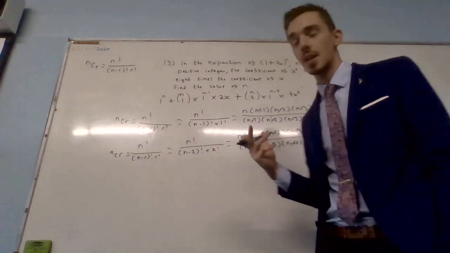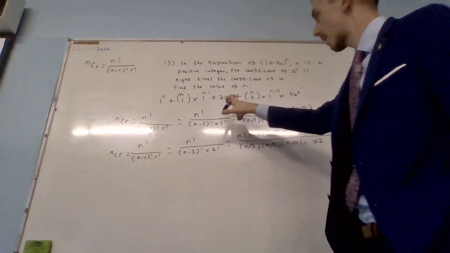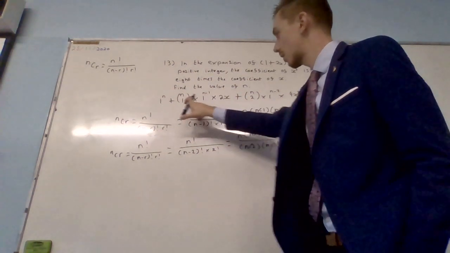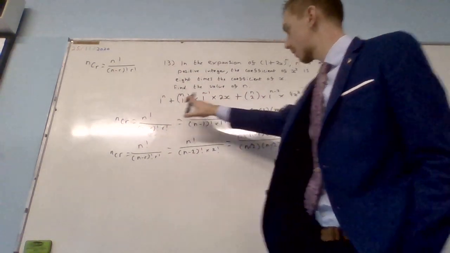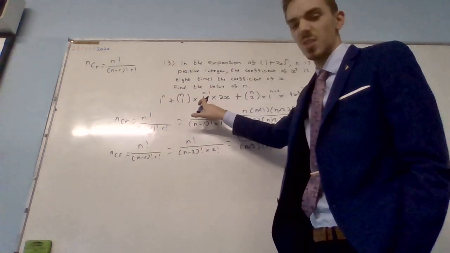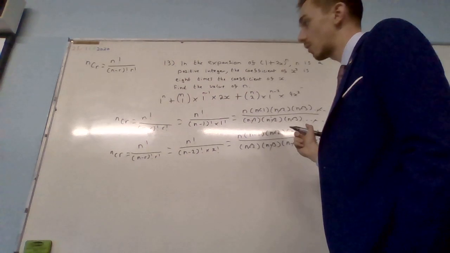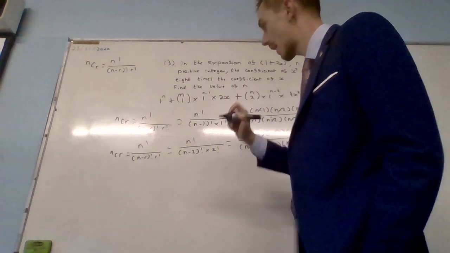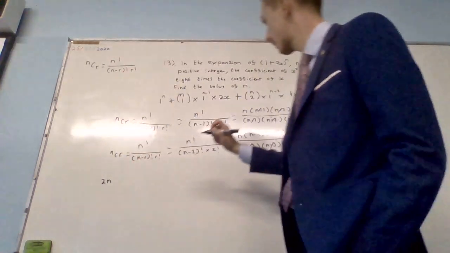To find our coefficients, we've also got to remember that for our x term, we have n times 1, which is just n, times 2x. So that would be 2n. Our coefficient of x will be 2n.